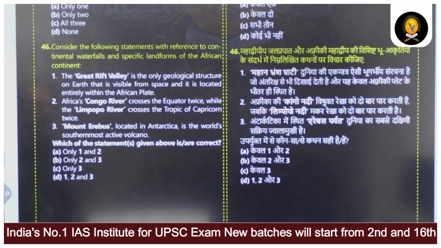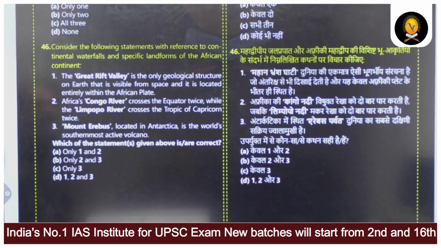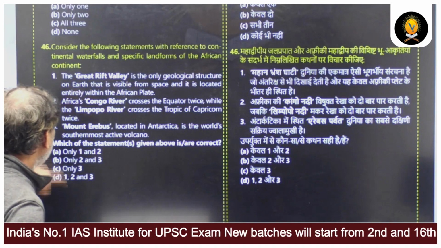The Great Rift Valley is the only geological structure on earth that is visible from space and is located entirely within the African plate. This is wrong, as it is not located only in the African plate. The Congo River crosses the equator twice, while the Limpopo River crosses the Tropic of Capricorn twice. Correct. Mount Erebus in Antarctica is the world's southernmost active volcano. Yes. So 2 and 3 are correct.